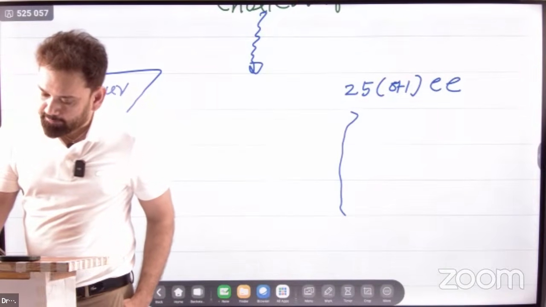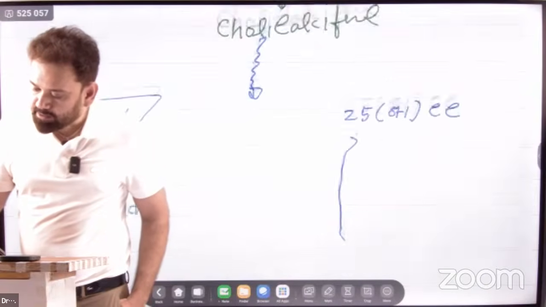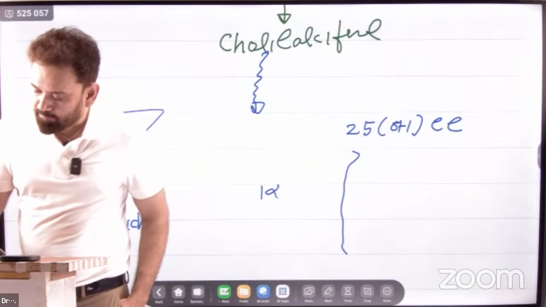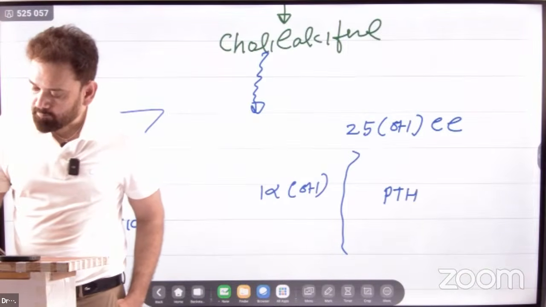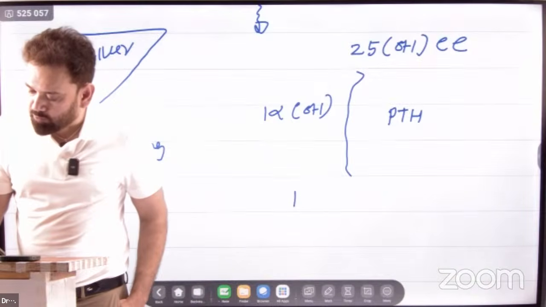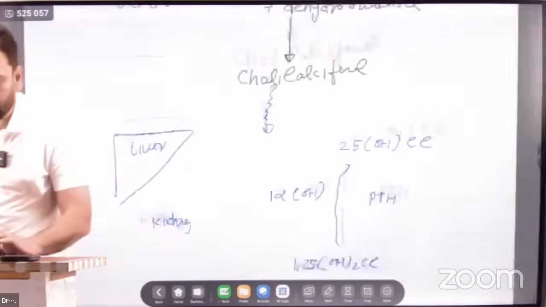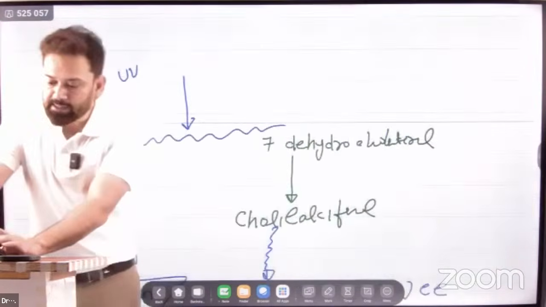In the kidney, in the presence of 1-alpha hydroxylase and the hormone parathormone, it converts into 1,25-dihydroxycholecalciferol. So it's very clear, very simple.